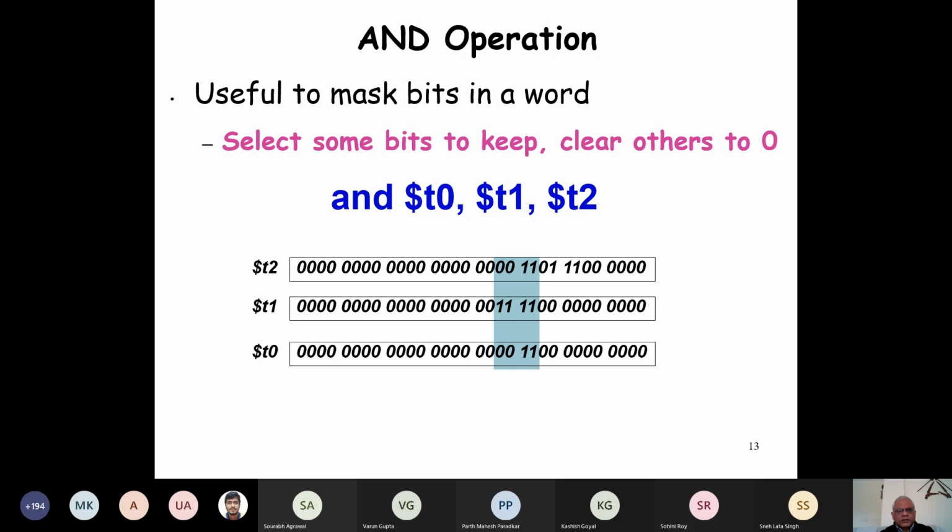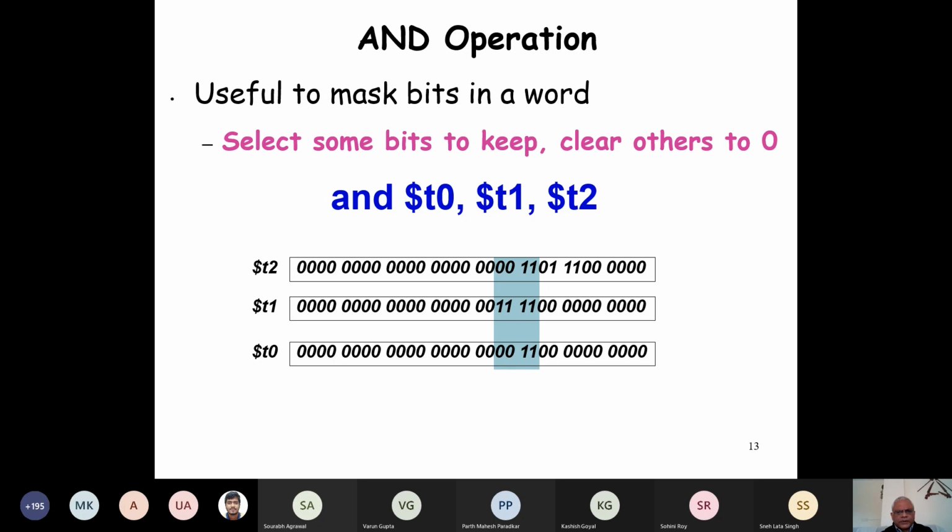The AND operation is mainly used to mask some bits. We want to check, in maybe some encoding, what the 4 middle order bits in a word are. What we'll do is keep those bits 1 and the rest 0, and do this operation: AND $t0, $t1, $t2. We'll store the mask in one of the registers, and once we compute the AND, the selected bits will appear in $t0.